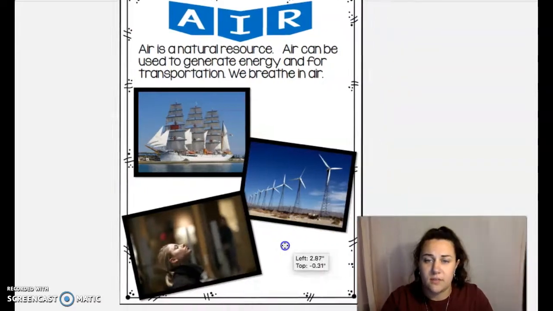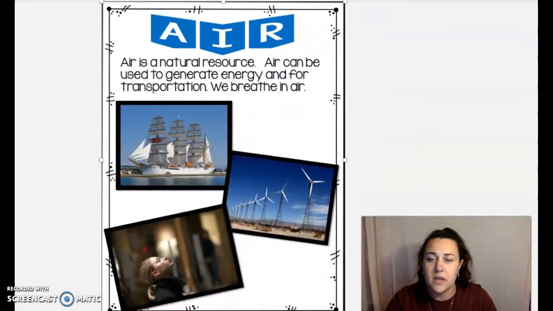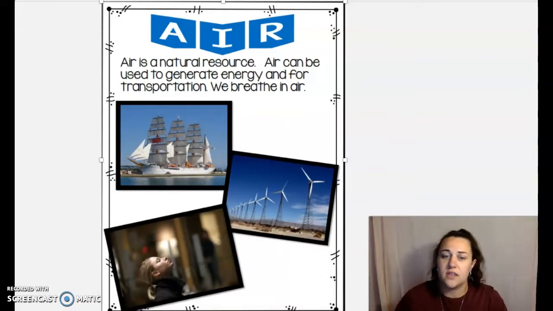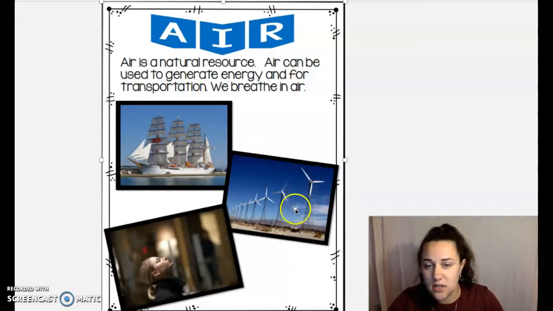We also have air. Air is a natural resource. Air can be used to generate energy. If you look at these windmills here, they actually produce energy based on the wind. As it blows, this part moves, and the faster it goes, the more energy it produces for us to use.